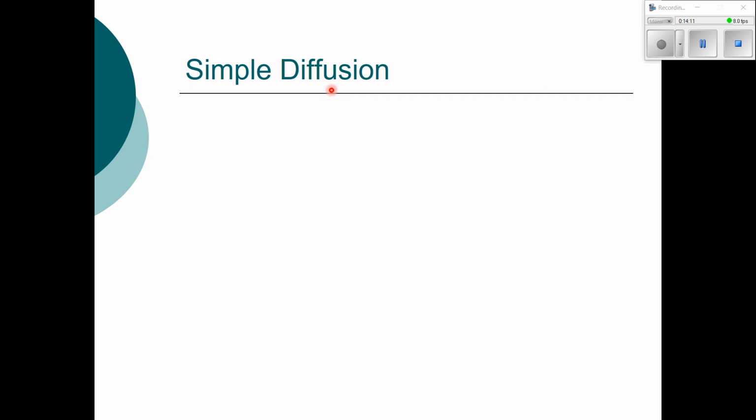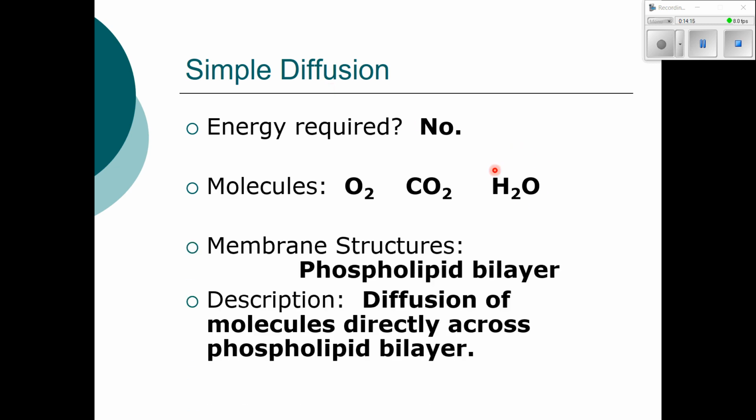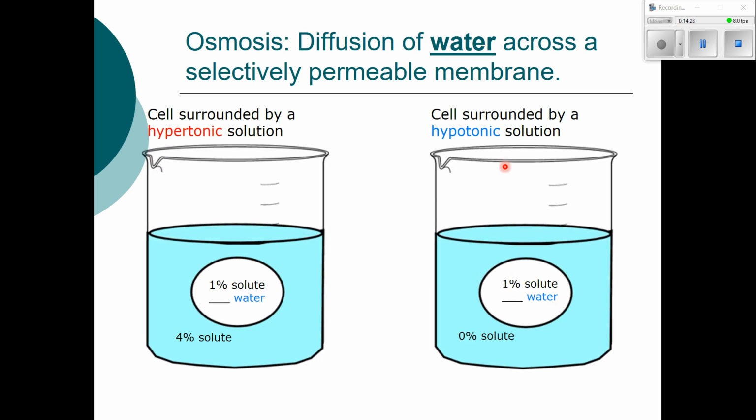But if the molecule specifically is water, if we are talking about water moving into a cell or water moving out of a cell by diffusion, yes, it's still diffusion, but we don't call it that. We call it osmosis. So here's kind of a special terminology. Osmosis is simply the diffusion of water, specifically water, across a selectively permeable membrane.